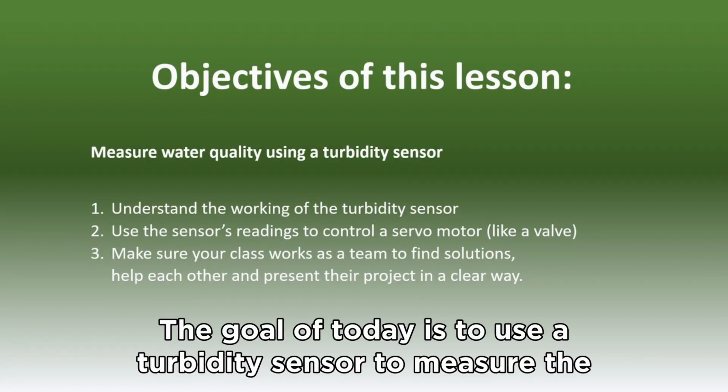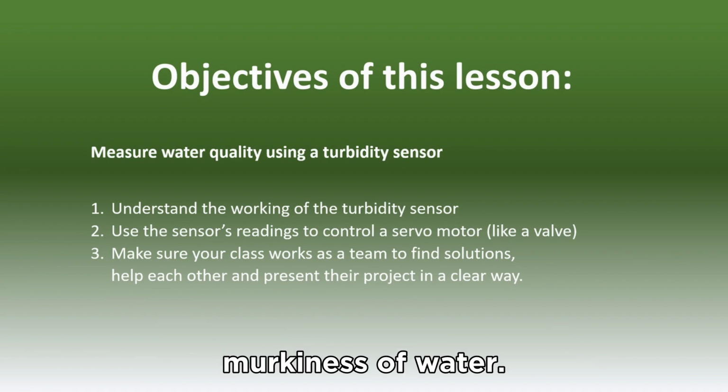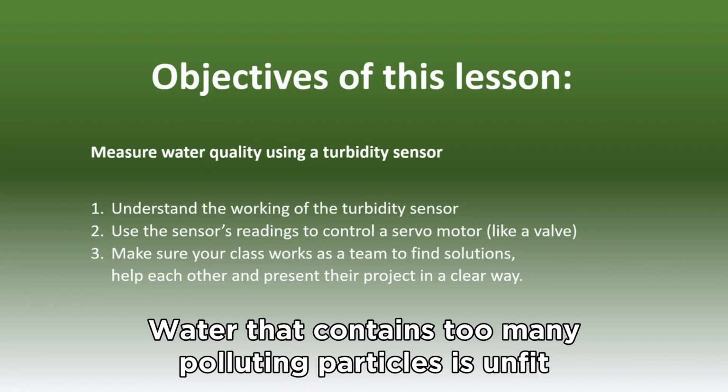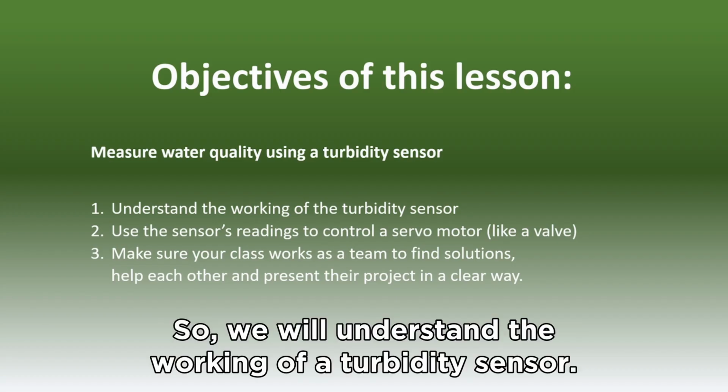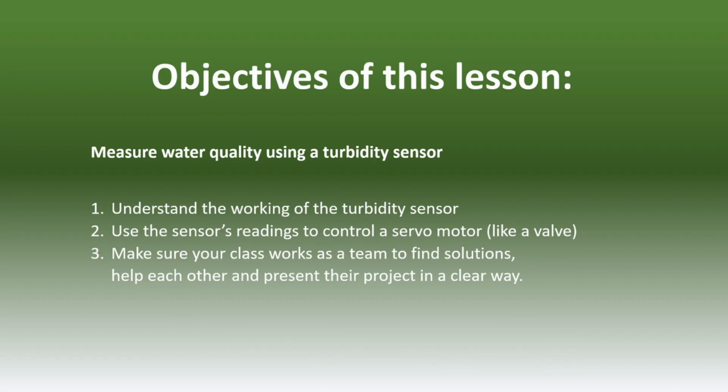The goal of today is to use a turbidity sensor to measure the murkiness of water. Water that contains too many polluting particles is unfit for consumption or use in a household. So we will understand the working of a turbidity sensor.